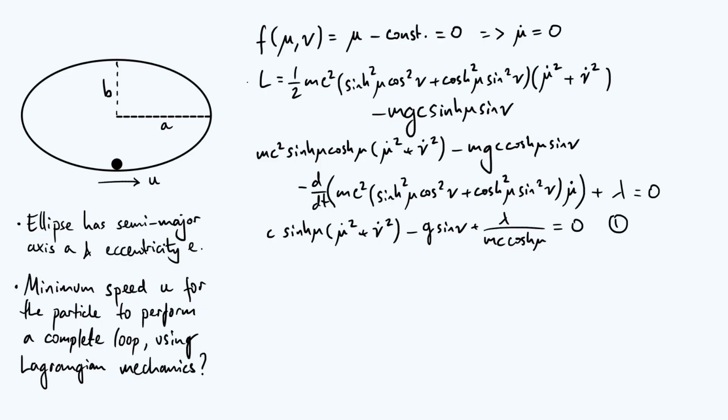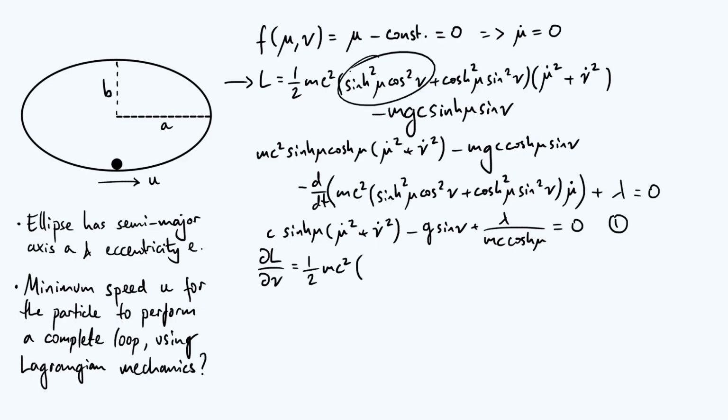Okay, so let's go back to our Lagrangian, which is that second line there, and now we start differentiating with respect to nu to get our other equation of motion. So dL by d nu, we can use almost an identical method, but we're going to be using hyperbolic identities instead of ordinary trig identities this time. So we've still got our half mc squared.